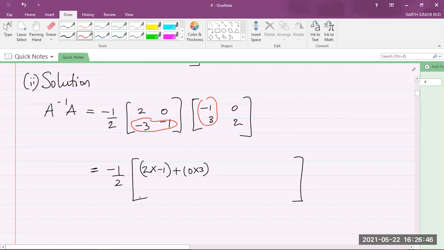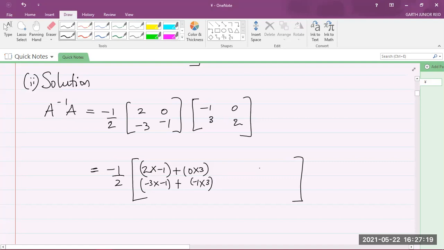Let's write down what that would be equal to. That would be negative 3 multiplied by negative 1 plus negative 1 multiplied by 3.